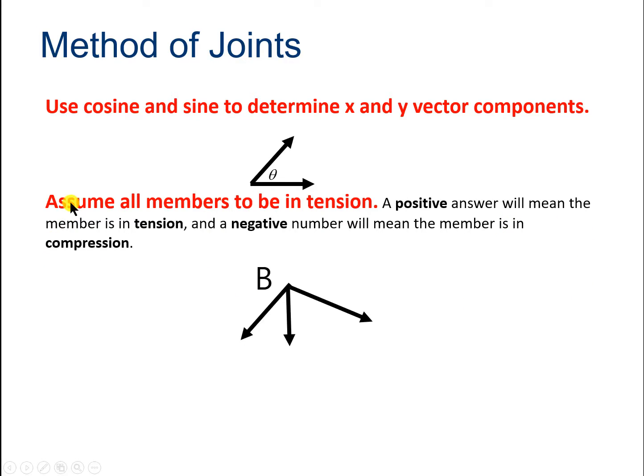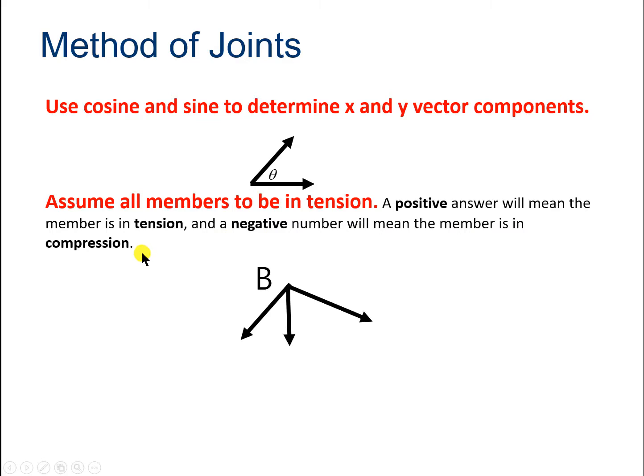Okay, we're going to assume all members are in tension. Again, we're going to work at a joint, and we're going to look at all the members that emanate from that joint, and assume they're all in tension. If they're in tension, they're being pulled apart, and therefore a positive answer will mean that the member is in tension, but a negative number will mean the member is in compression.